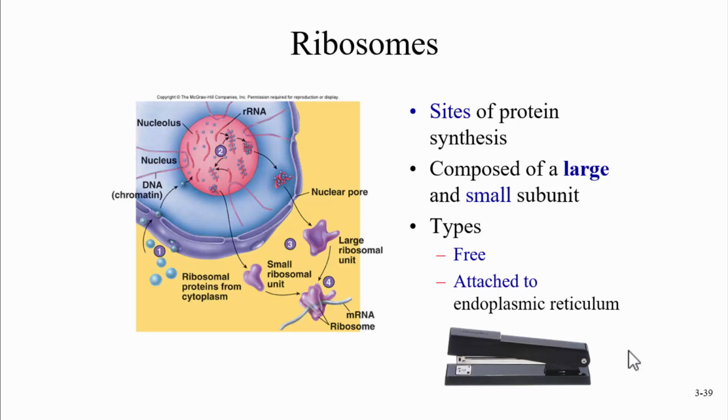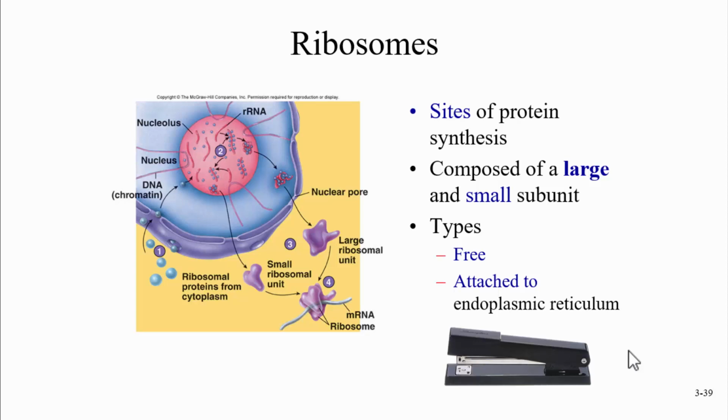Okay. And there are a couple of different types of ribosomes. There's free ribosomes, and that means they're not attached to anything. They're kind of floating around in the cytoplasm. Or they can be attached to endoplasmic reticulum. And when we attach them to endoplasmic reticulum, it's going to give it a certain texture. It's going to make it look like sandpaper.